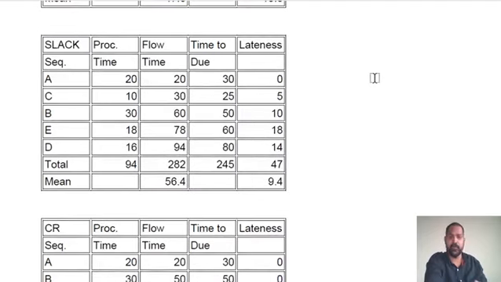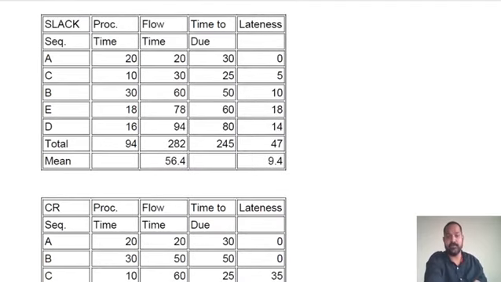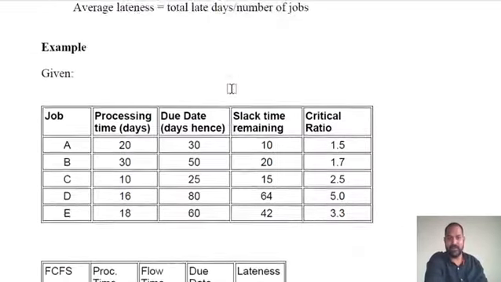Let's continue. What if I sequence these jobs according to the least slack? If I sequence them according to the slack time, whoever has the least slack first, I go back in the table where the slacks are given.